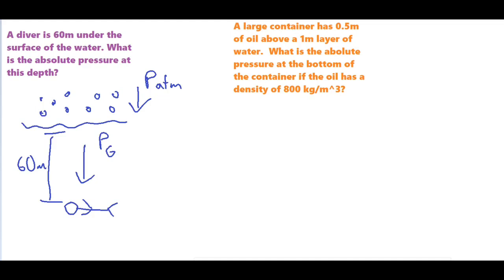And we want the absolute pressure, so that's kind of our total of everything that is being pushed down towards the person. And we have atmospheric pressure plus this gauge pressure equal to the absolute or total pressure.